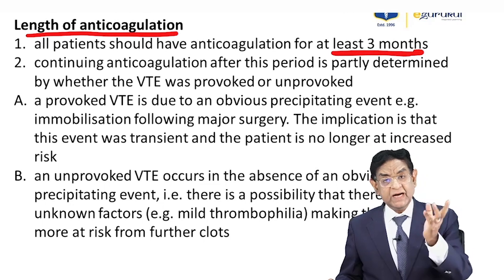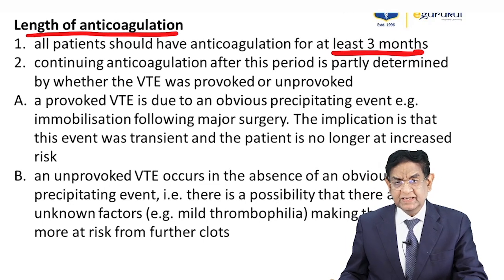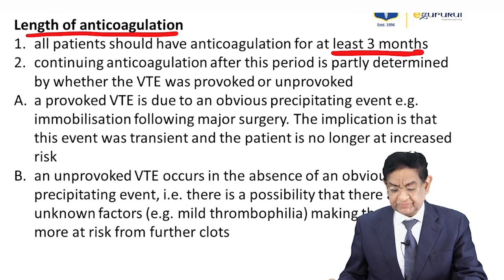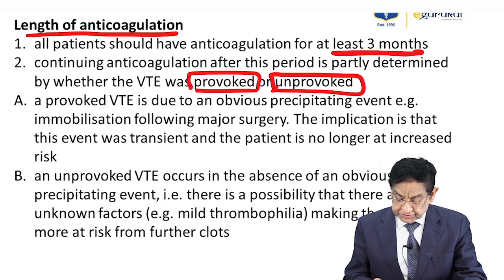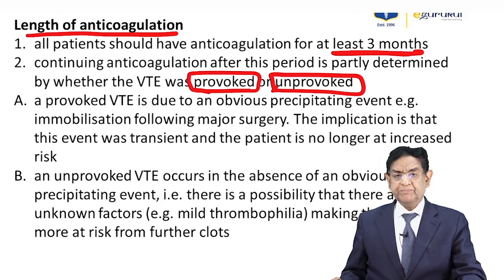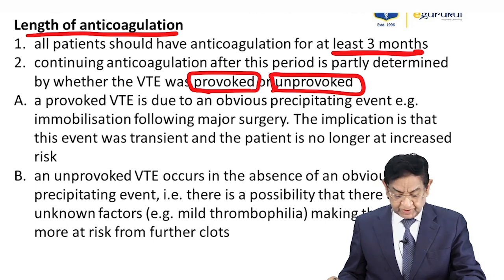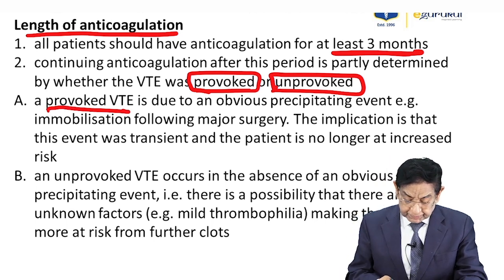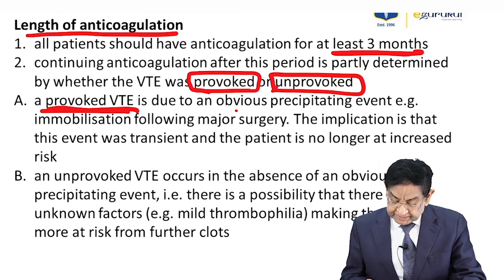Now, a little bit more advanced. In the meantime, you have to assess whether this thrombosis is provoked or unprovoked. Note down these two words. You are definitely going to ask me, what do you mean by provoked? Provoked means there is a definite precipitating factor.